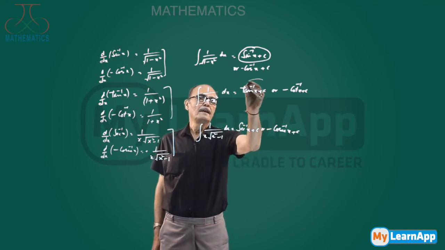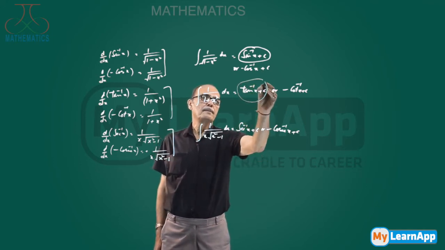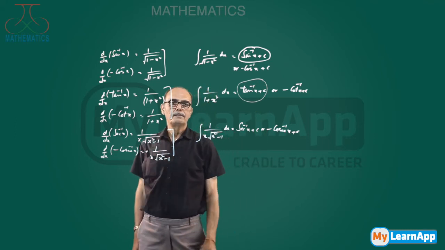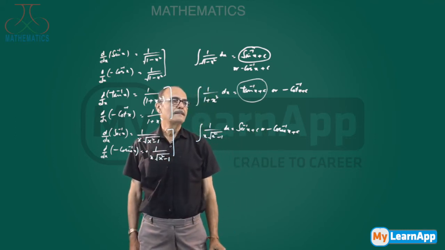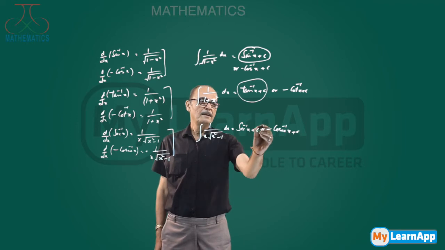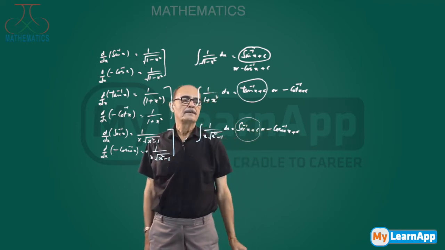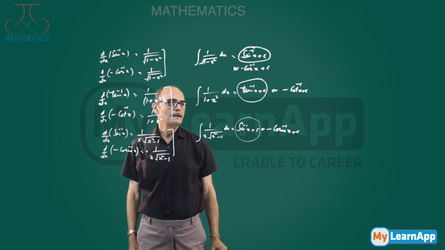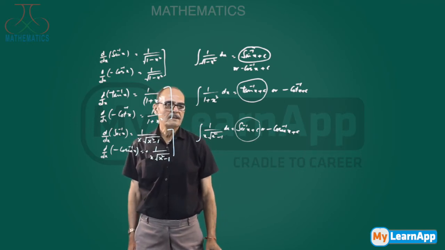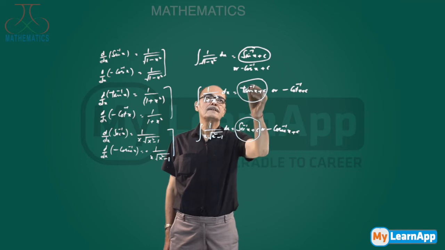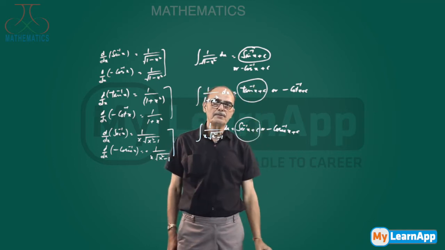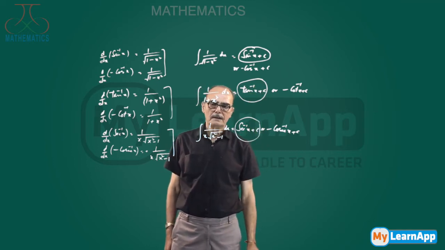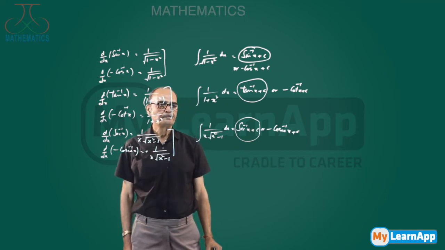Likewise, this formula is normally used as 1 over 1 plus x square dx as tan inverse, and same in the case of integral of 1 upon x under root x square minus 1. Again, I will lay stress that these formulas can be established otherwise by substitution in the subsequent chapters.